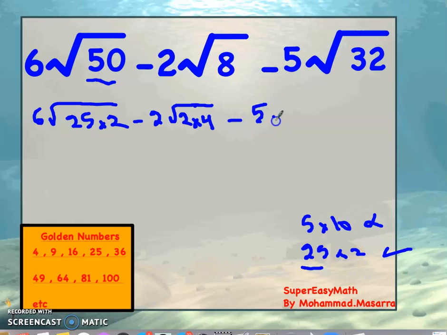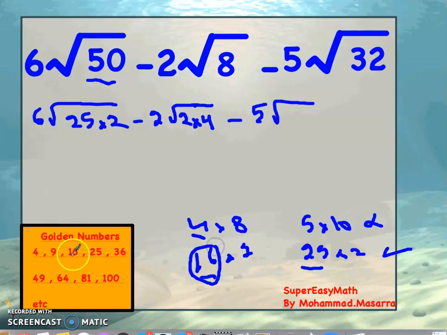And 32 we can write as 4 times 8 and 16 times 2. So here in this case we have 4 is a golden number and 16 is also a golden number. We can take any of these two factors, but it's better to take the biggest golden number, which is 16, not 4. So we can write it as 16 times 2.